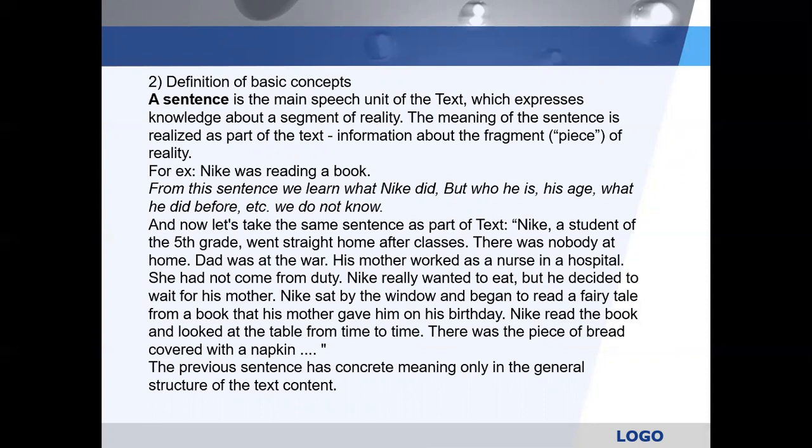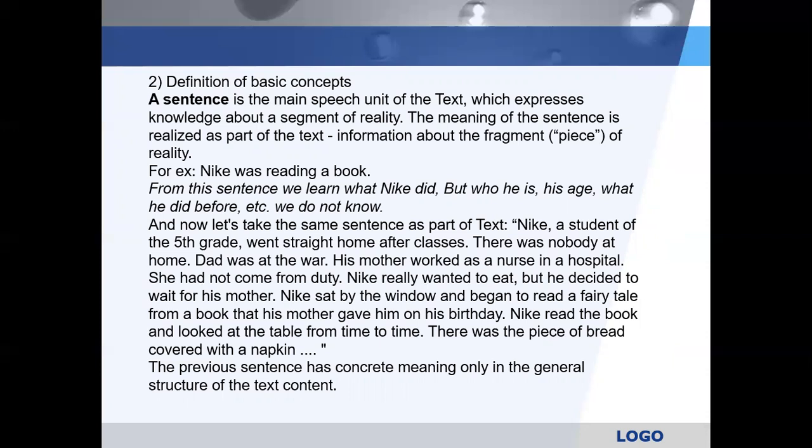And from this content, we know a lot of information about Mike's age, Mike's doings after classes, Mike's father, Mike's mother, the situation at home, some information about the fairy tale book which was presented to him by his mother, and his desire to eat, and that there was a table, and a piece of bread at the table.